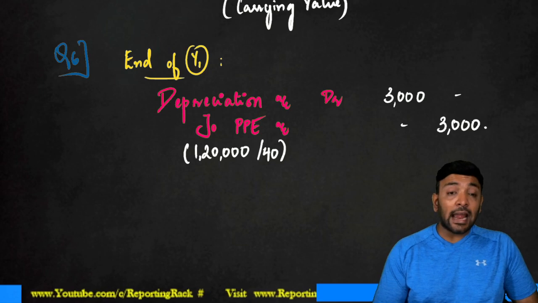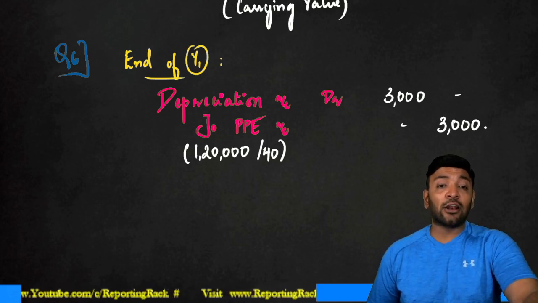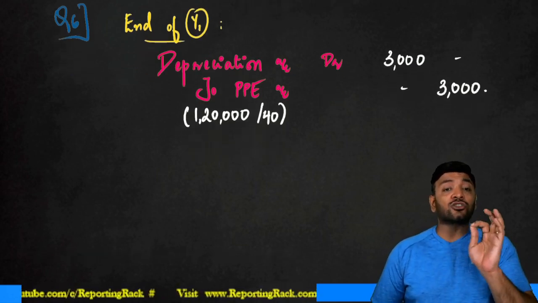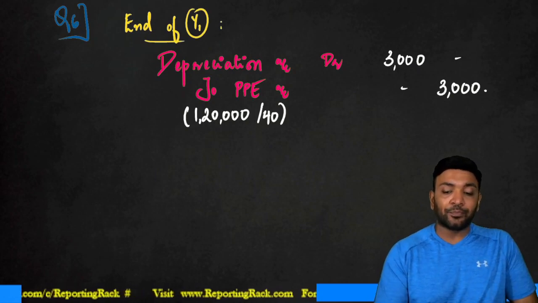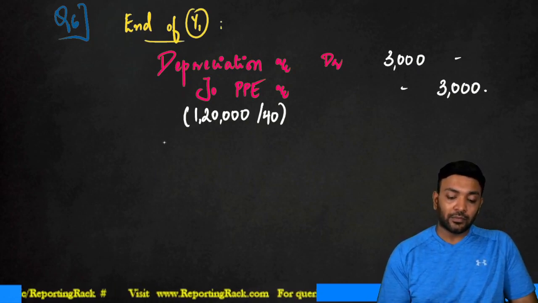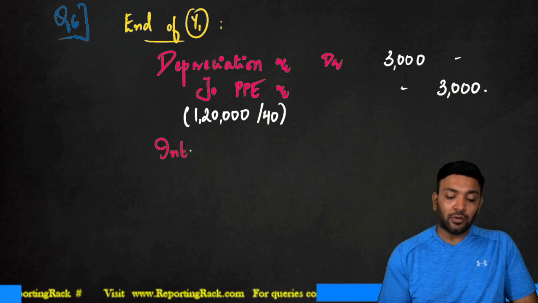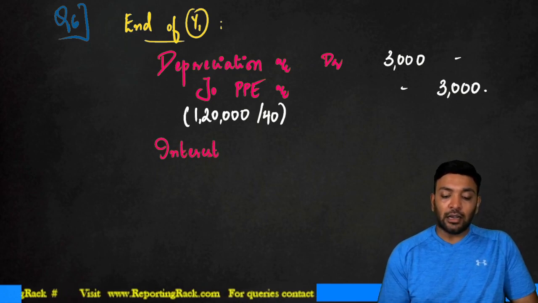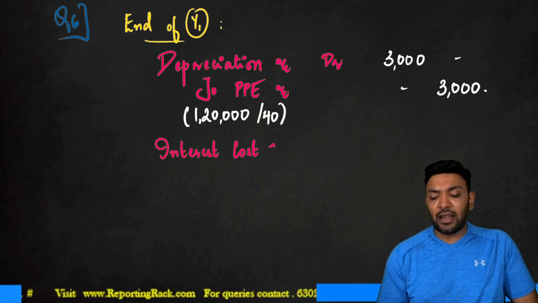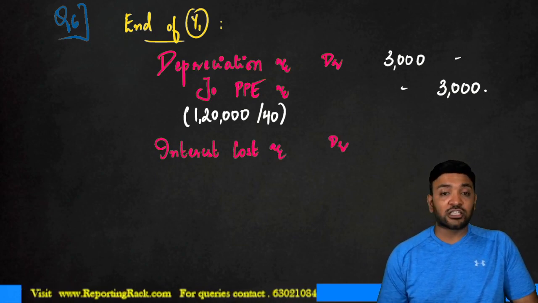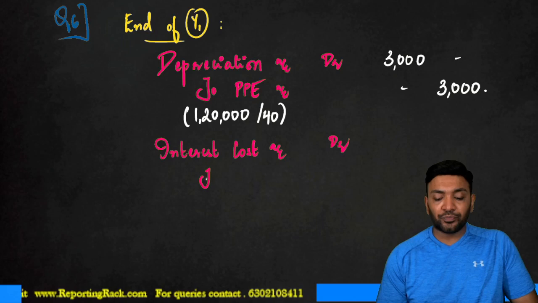Right? At the end of the first year, there also has to be an interest cost on the decommissioning liability. Interest cost account debit. It's a notional cost. It is not an actual cost.